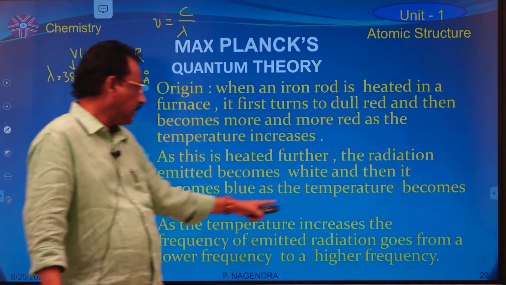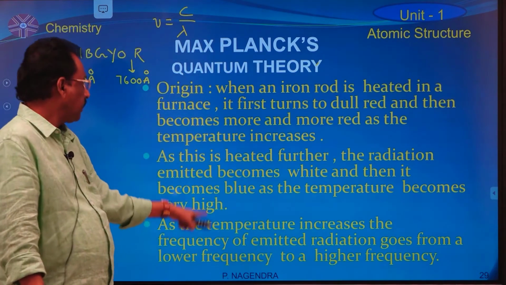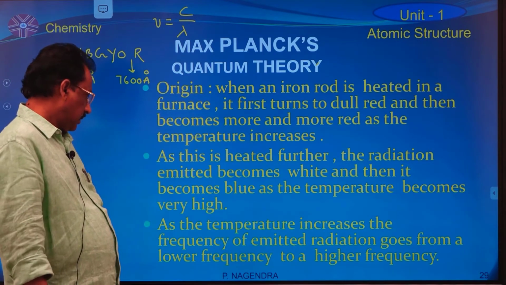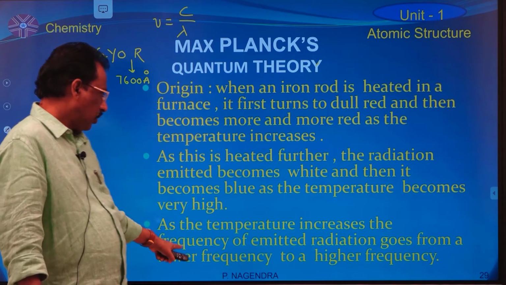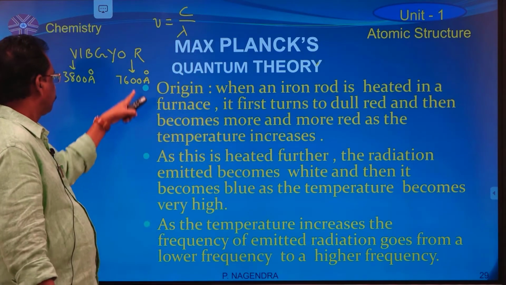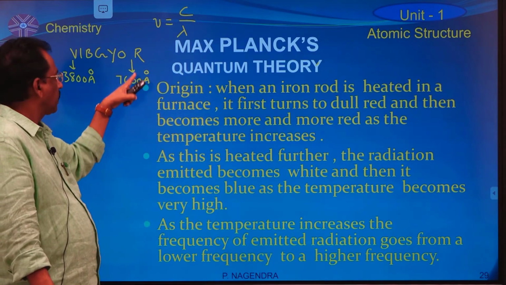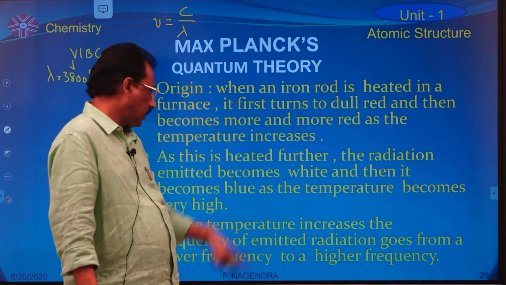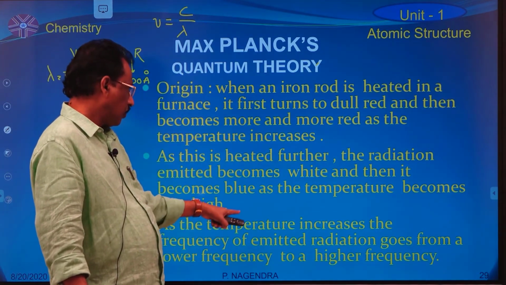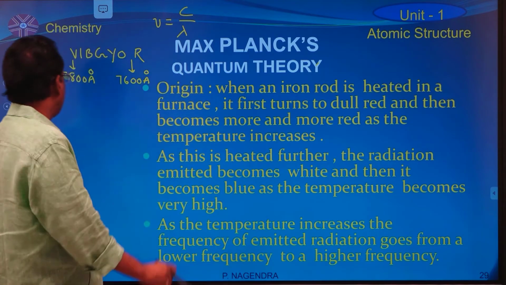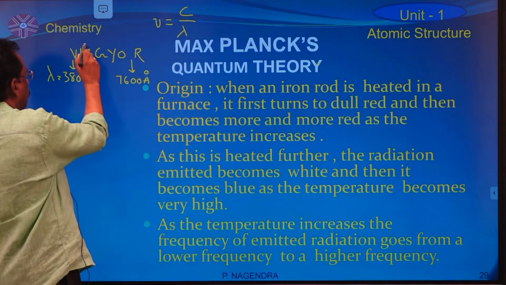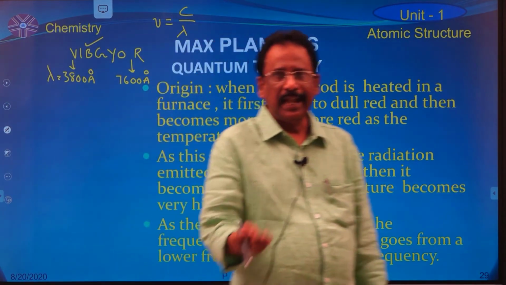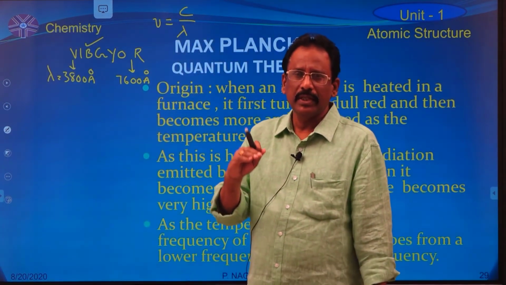So when temperature increases, the frequency of the radiation emitted by a body changes from lower frequency. This is lower frequency because lambda is more. And finally that iron rod turns to blue color. So when compared with red color, for this blue color, lambda is less. Lambda is less means frequency is more.